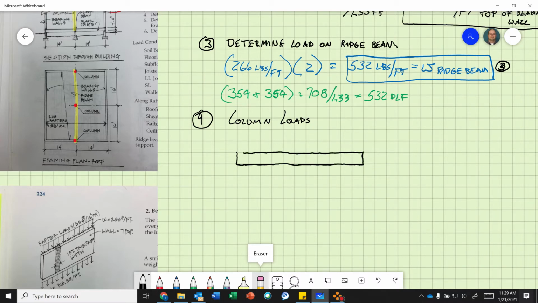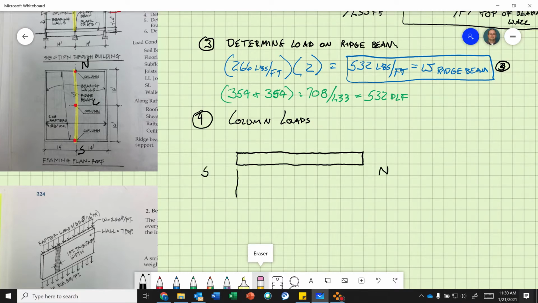Isn't it nice to have engineering paper? So now we want to say south, north, center. Okay? Because we want to orientate yourself so that we make sure we put the load in the right spot. So we're going to call this the south end. We're going to call this the north end of the ridge beam.